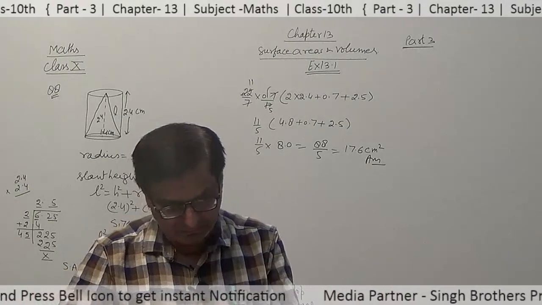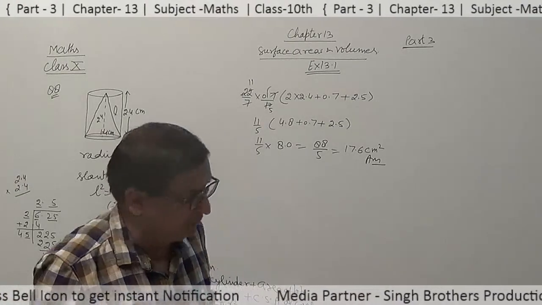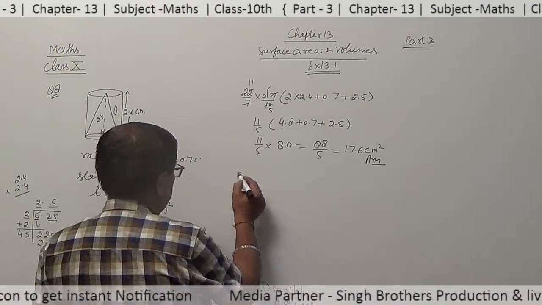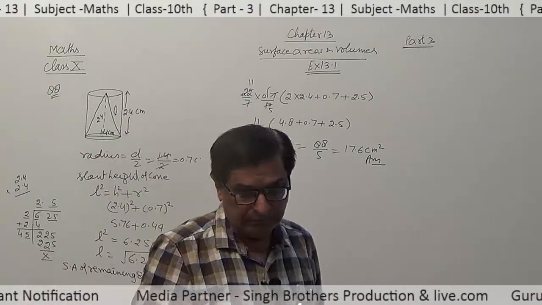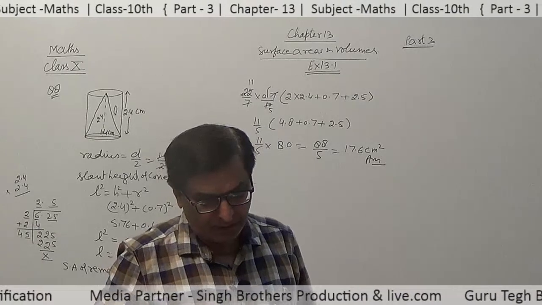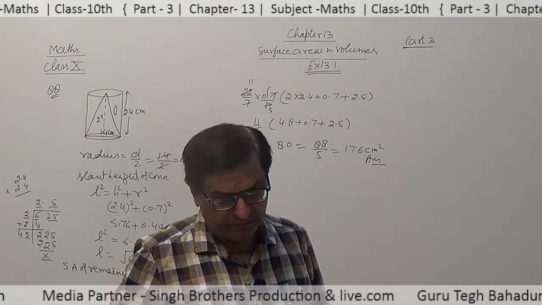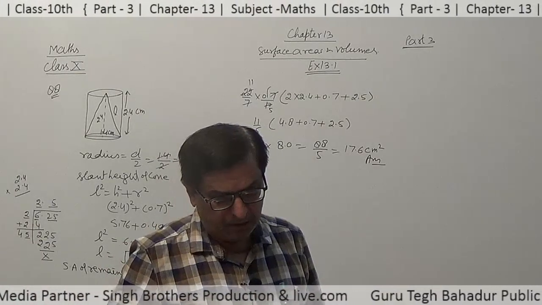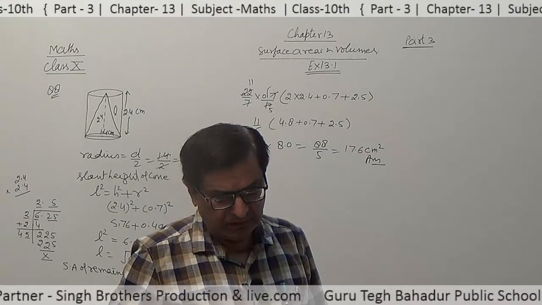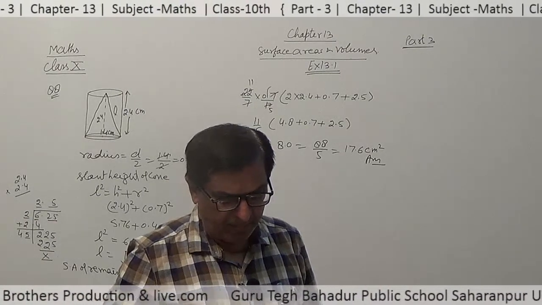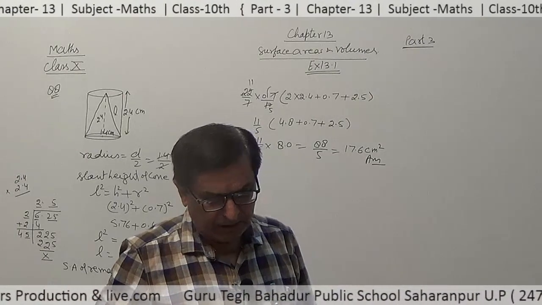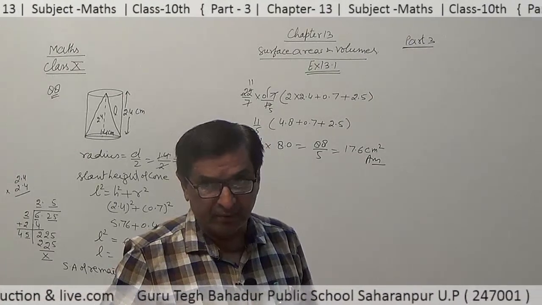Now see question number 9. A wooden article was made by scooping out a hemisphere from each end of a solid cylinder, as shown in figure 13.11.